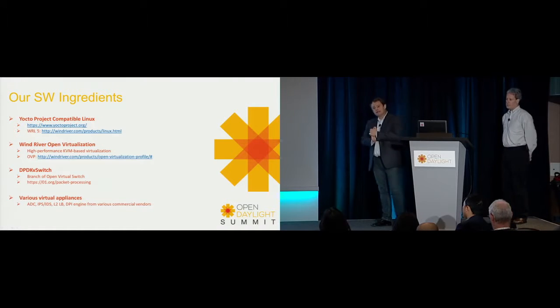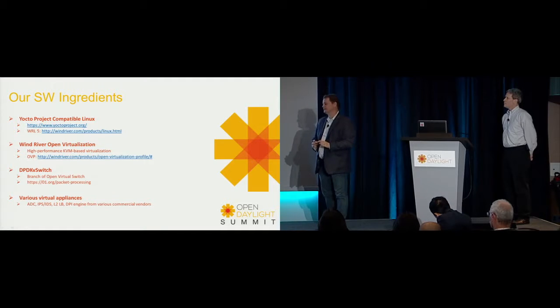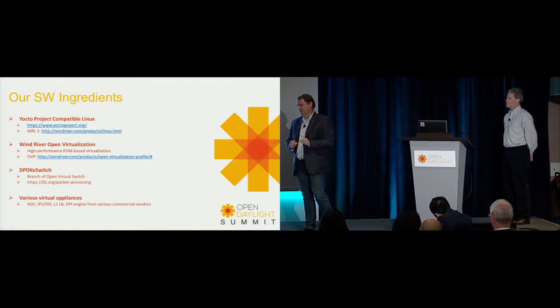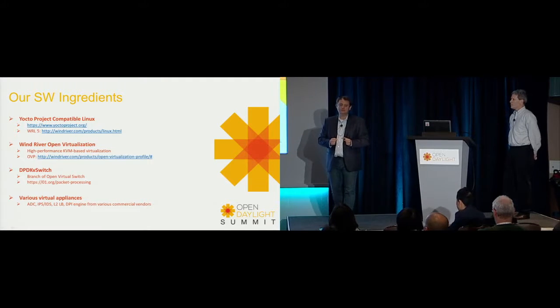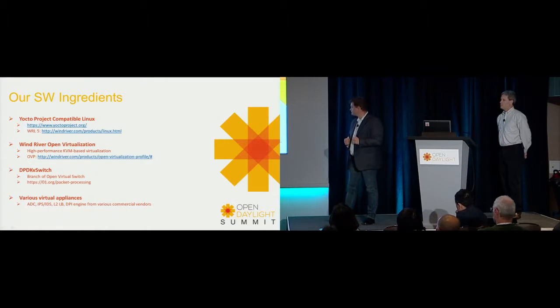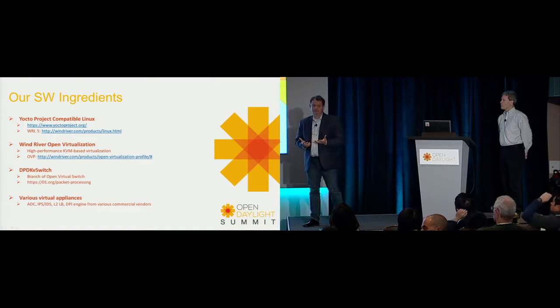All right, so let's spend a little bit of time talking about the core software ingredients that we used for the service chaining scenario, just as a foundation, or to give you an insight into the foundation and the choices that we made. We started off with Yocto project compatible Linux.